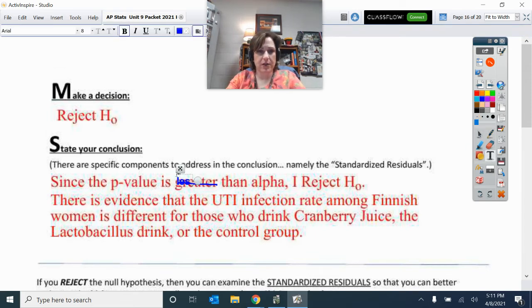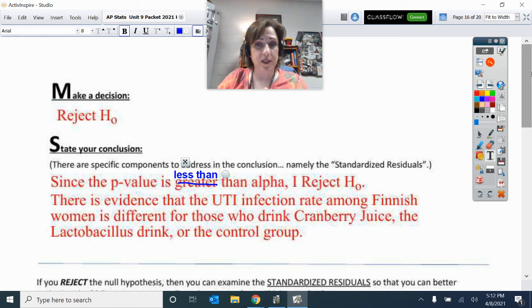Okay, so that was weird. Less than alpha, I reject H0. And so there is evidence that HA, the urinary tract infection rate among Finnish women, is different for those who drink cranberry juice, lactobacillus, or the control group. Okay. All right, so there's the basics of that test.